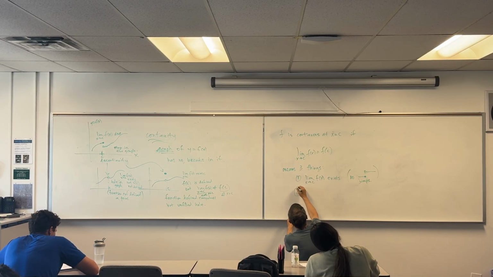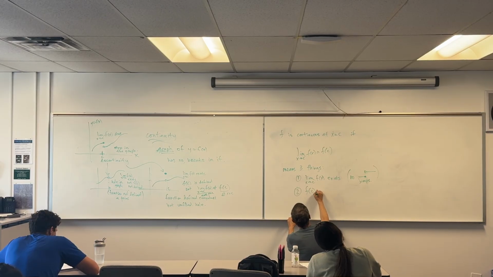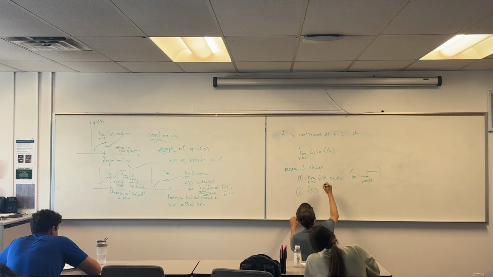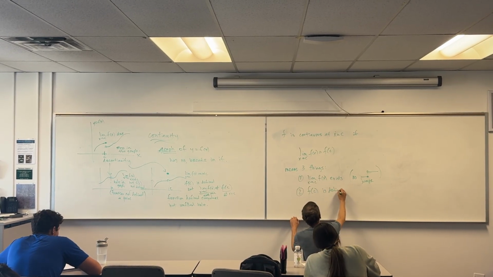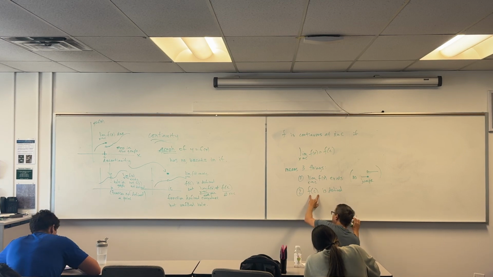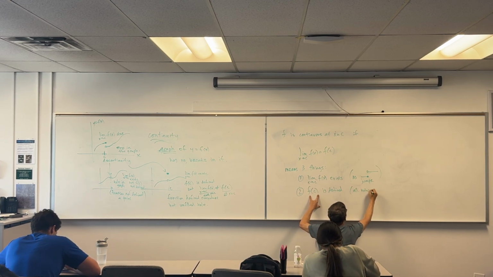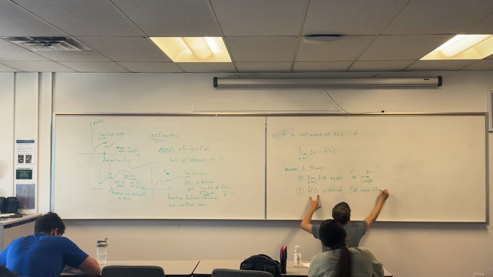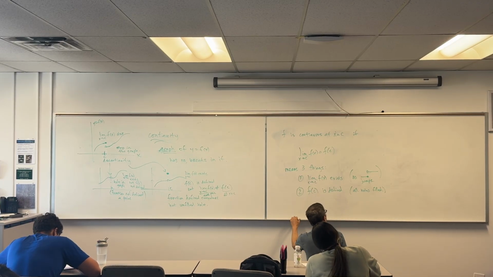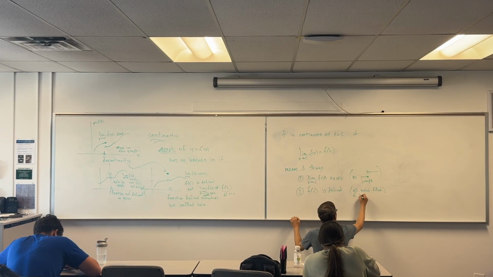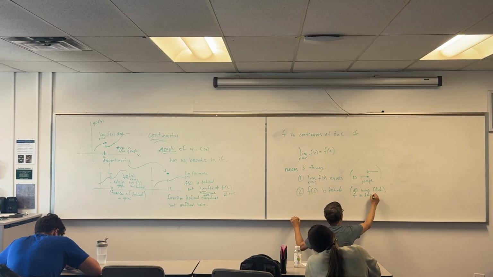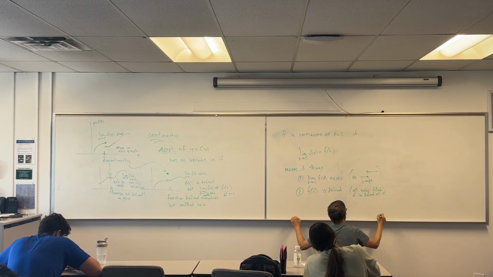Two, it says that f of c is defined because I wrote it. So this says the function is defined at that point. So all holes filled or no holes. f is defined at c.